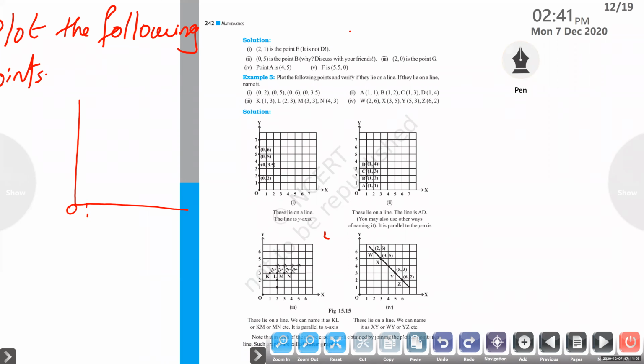Ma'am, example 5, right? Example 5, first question.